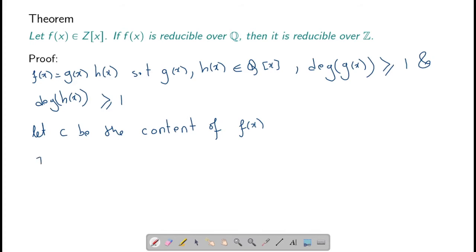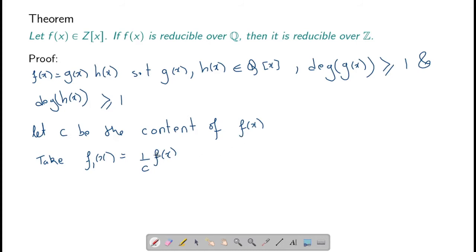Now we take f1 of x to be 1 upon c times f of x. Now notice here that the c is the content of f. Therefore, c is the greatest common divisor of all the non-zero coefficients of f.